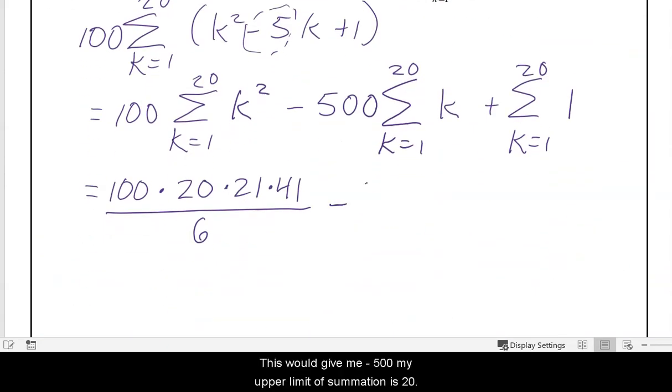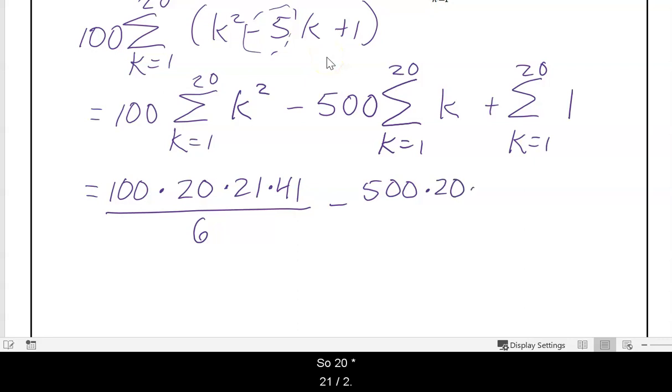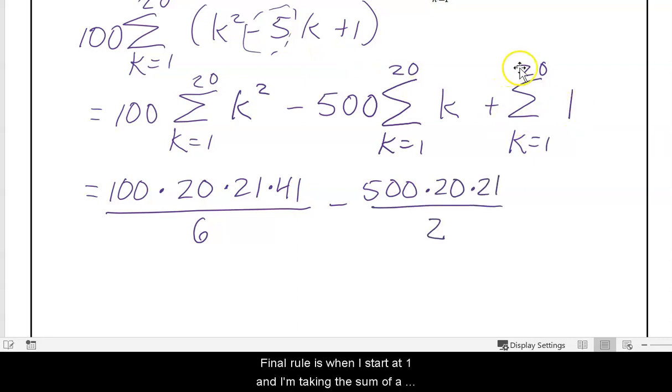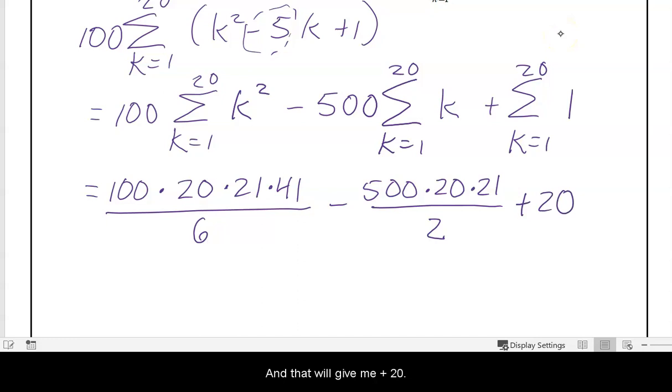This would give me minus 500. My upper limit of summation is 20. So 20 times 21 divided by 2. The final rule is when I start at 1 and I'm taking the sum of a constant, I can multiply the upper limit of summation by the constant, and that will give me plus 20. Now I can simplify and reduce this.